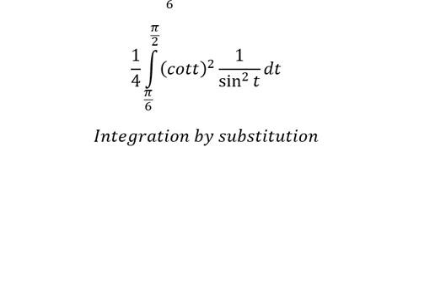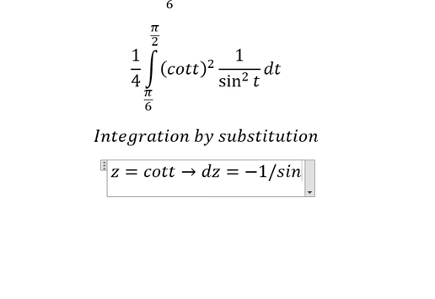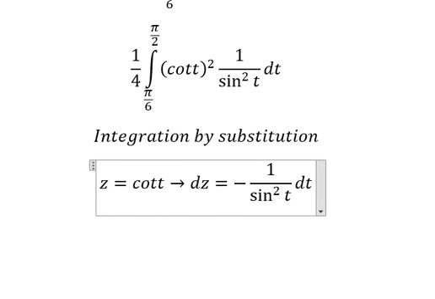So I will put z equal to cosine t, sorry. dz we have negative 1 over sine t squared dt. Because we don't have the negative, so we put the negative next to dz.